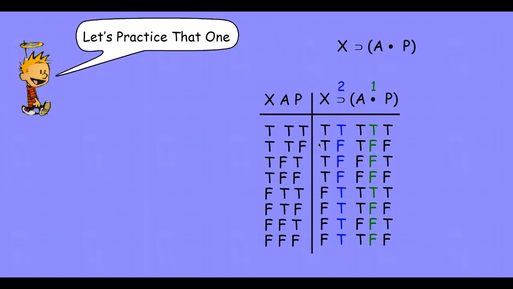Second one, antecedent true, consequent false, so it's false. Same for the next 2. Then we get down here. Anytime an antecedent is false, the conditional statement is true, so all of these are true. This is our main connective here, so this is the truth value for this whole formula, every different way the world could be. Let's do one more.